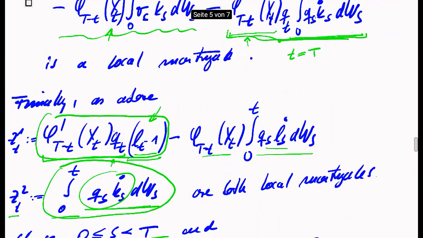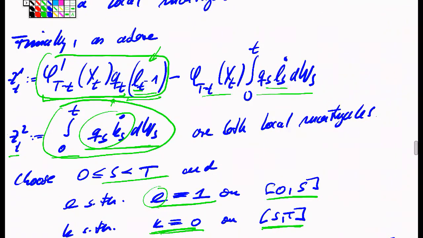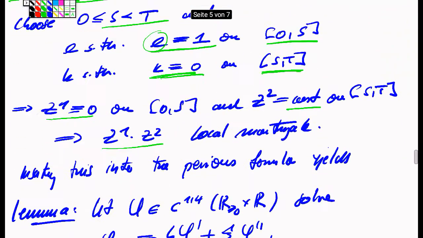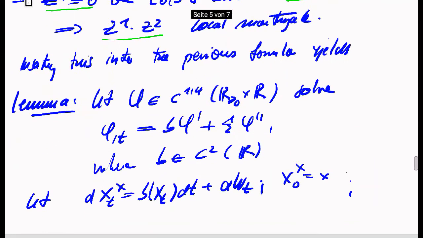So if we subtract the Z1, Z2 product, then this martingale here will be cancelled by the corresponding product of the first summand with the second Z2 process. And what we achieve, in fact, is that instead of the Q, we pick up the L process in the product. Altogether, this yields the following intermediate result, which I state as a separate lemma.